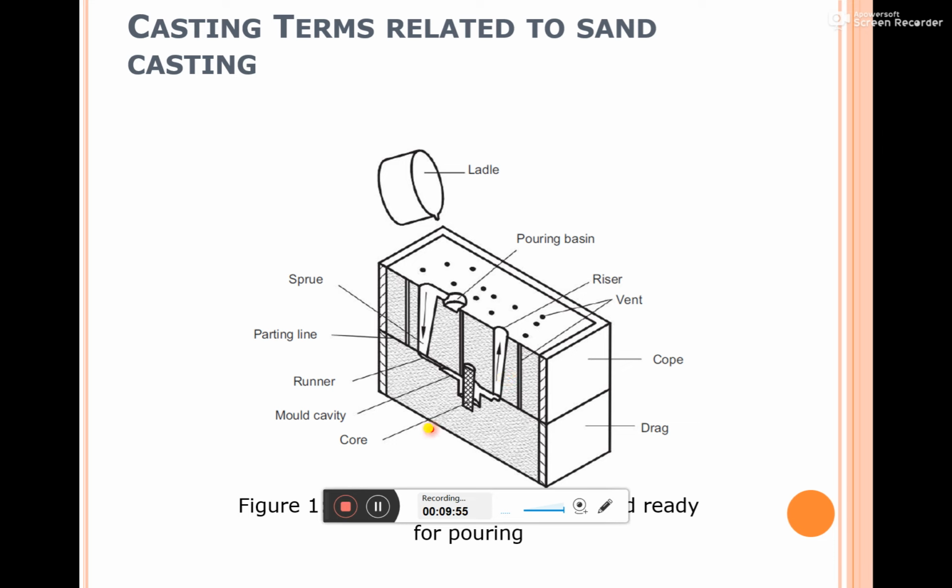This one is the runner, and this entire portion is the mold cavity. The hatched portion is known as the core. This one is the core and this one is the riser. And we'll provide some vent holes in the molding sand.